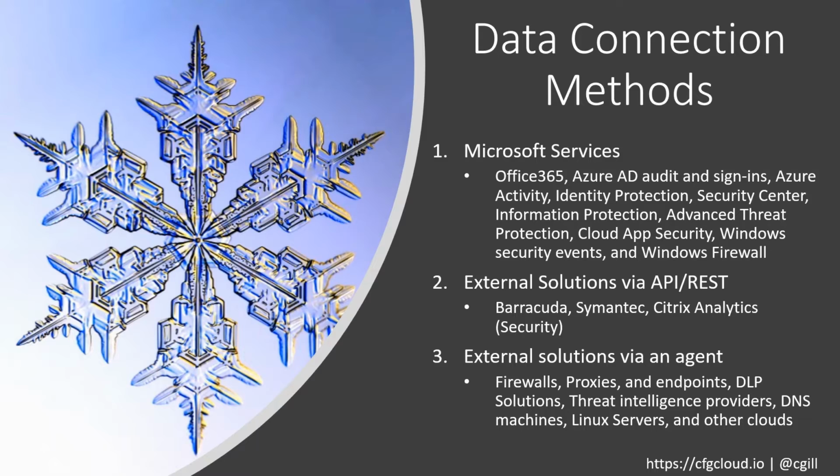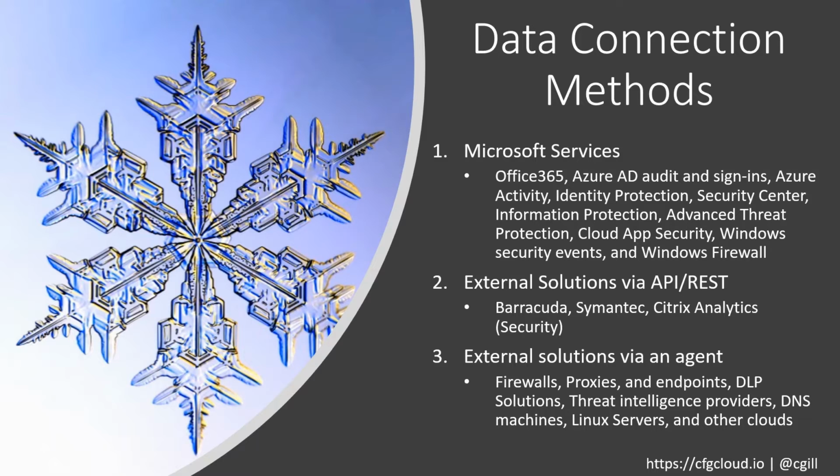For the first, Microsoft services, which cover, again, the Intelligent Security Graph of Microsoft and Office 365, including Outlook and SharePoint, Azure AD Audit and Sign-ins, Azure Activity, Identity Protection, the Security Center, Information Protection, Advanced Threat Protection Alerts, Cloud App Security, Windows Security Events, and Windows Firewall. For the second option, we have the availability of external solutions via API or REST call, programmatically or via an agent. And again, this leads into 3 as well.